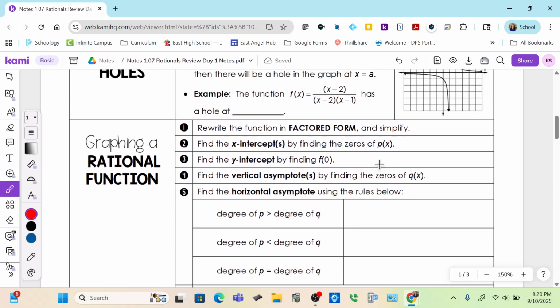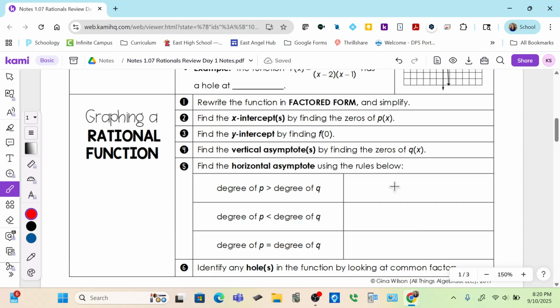The other thing we're going to look at for today is how we are going to graph these, because this is going to be a big piece of the initial practice. First, rewrite the function in factored form and simplify. You're going to find the x-intercepts by finding the zeros of p of x. Remember, any x-intercept has a y value of 0, so we're looking for the zeros in the numerator.